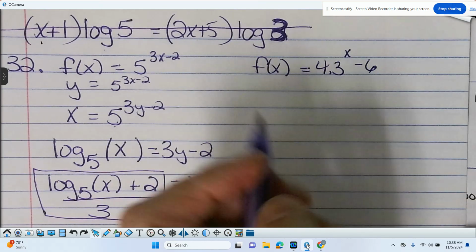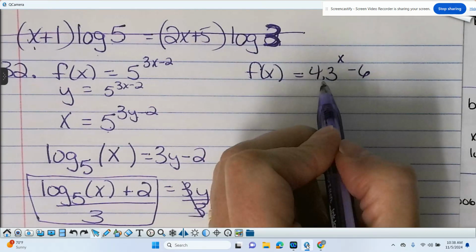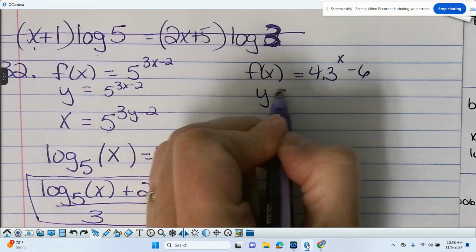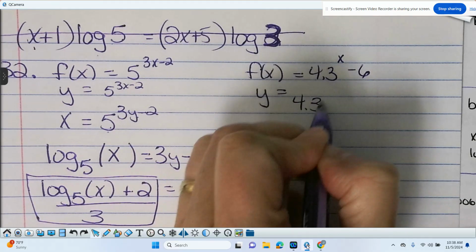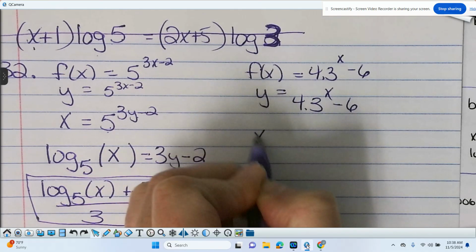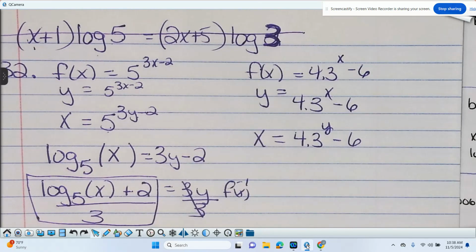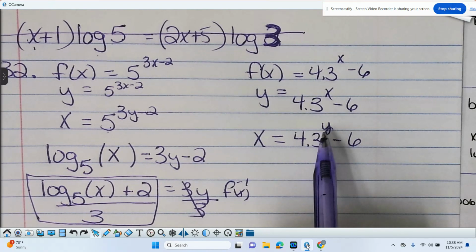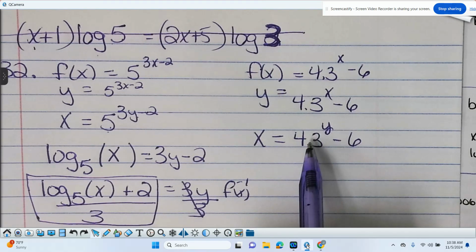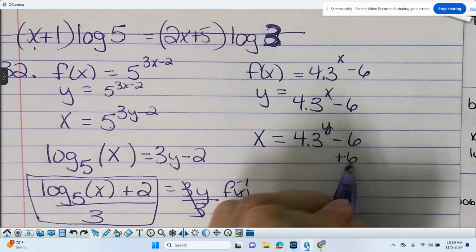This next one, this is a y, equals 4.3 to the x minus 6. Switch out my x and y's. Now before I can do anything, my y is what I want to solve. It isn't an exponent, but this is not by itself. So I have to add that 6 first.